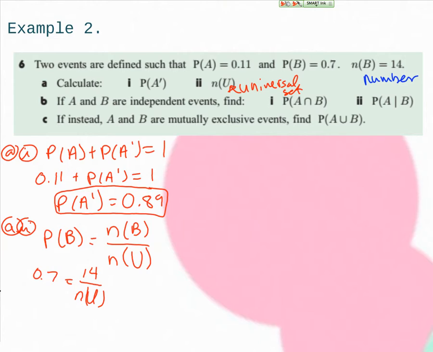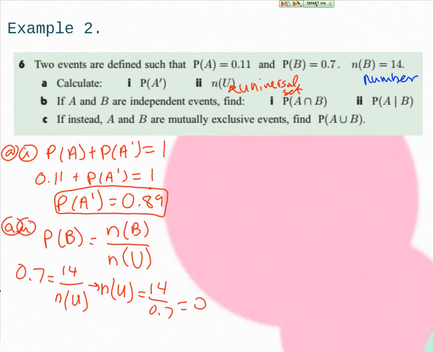So now we can use that formula to figure that out. So we can swap those, so then the number of items in my set is equal to 14 divided by 0.7, which is 20.